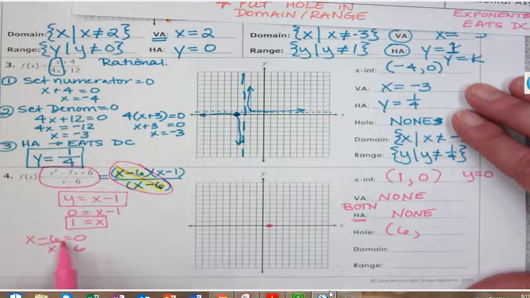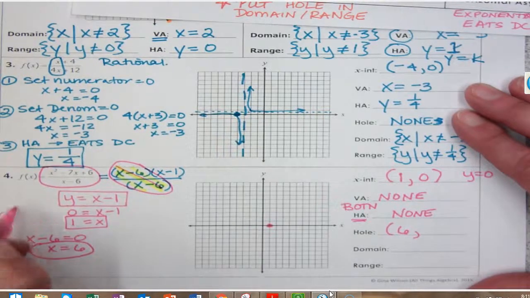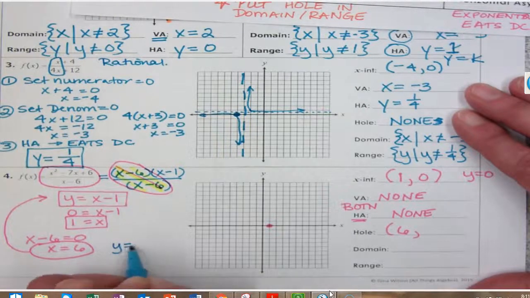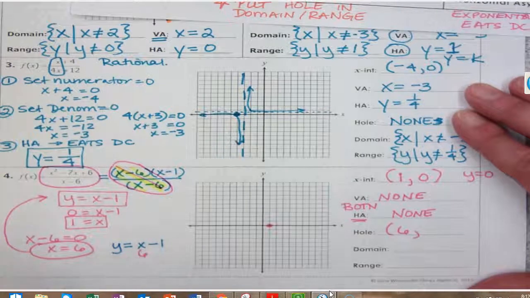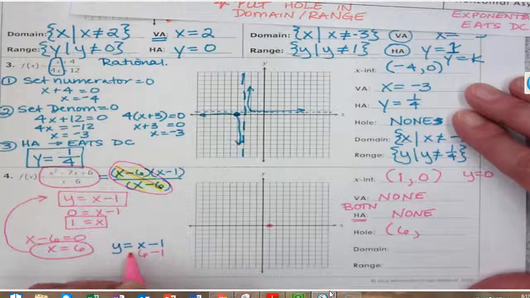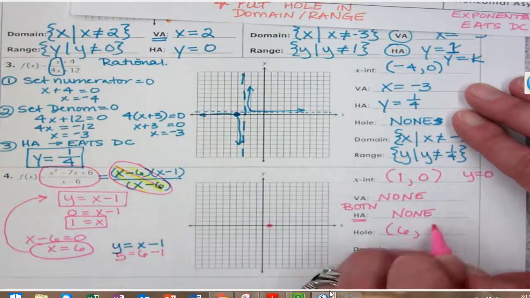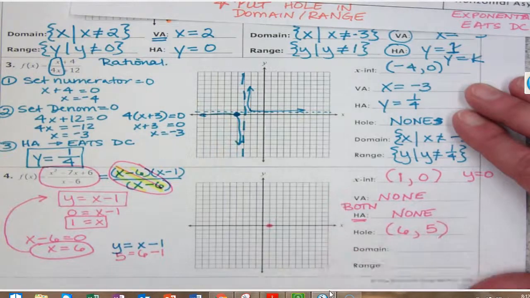Now I'm going to take this 6 and plug it into my simplified equation. So if my x is 6, y equals x minus 1. I'm plugging in the 6 for x, and I'm getting 5. So y is 5 when x is 6.